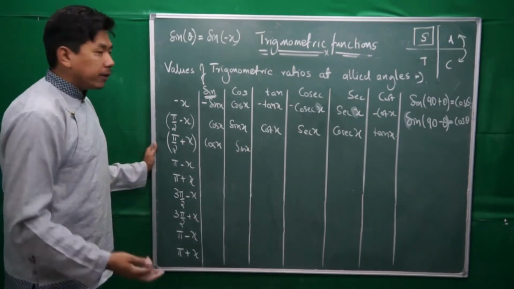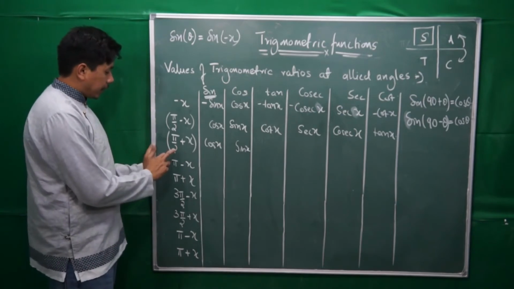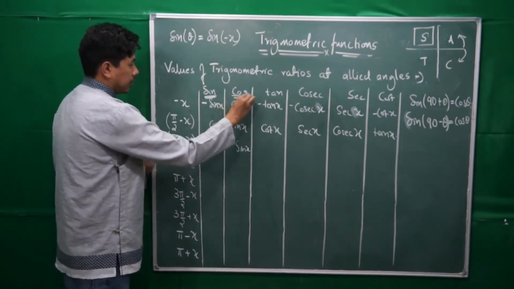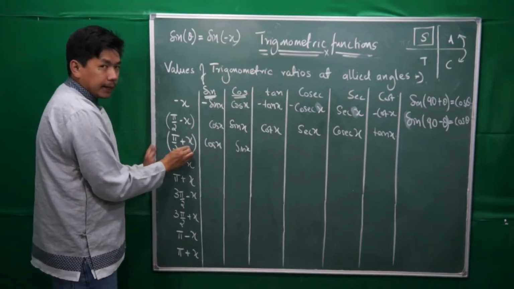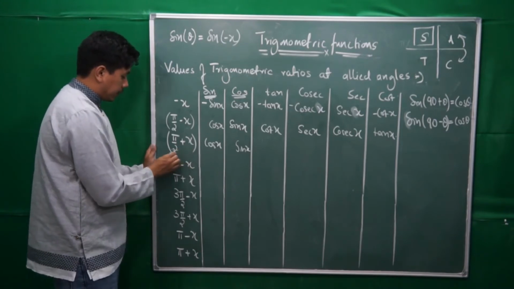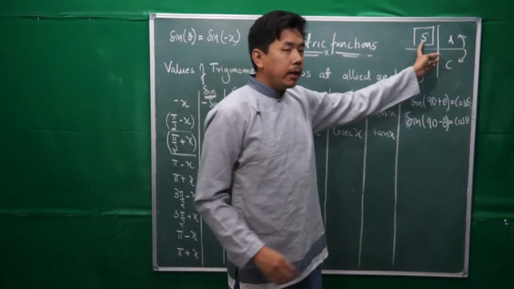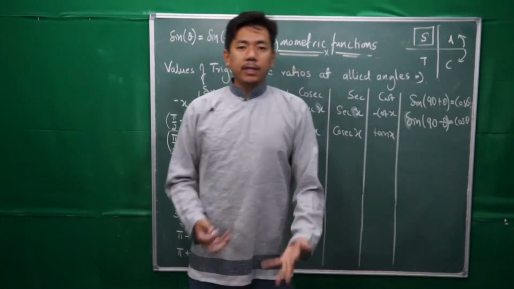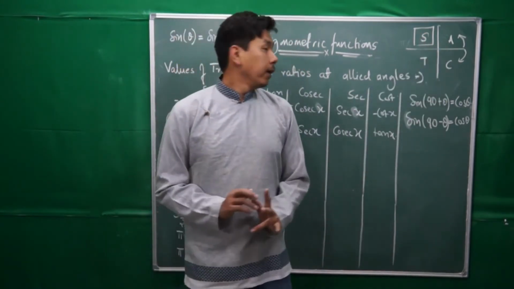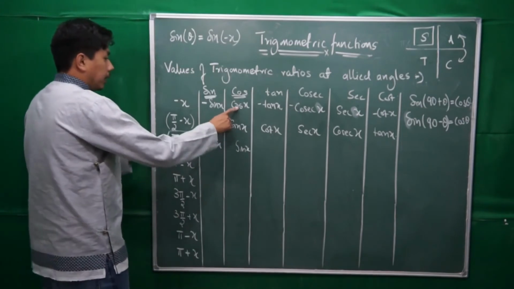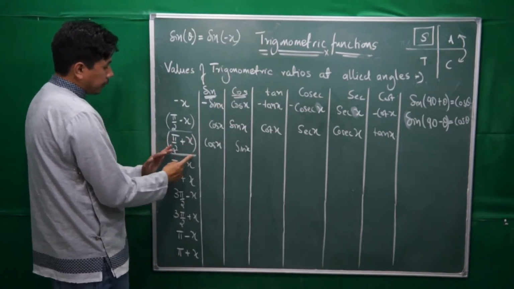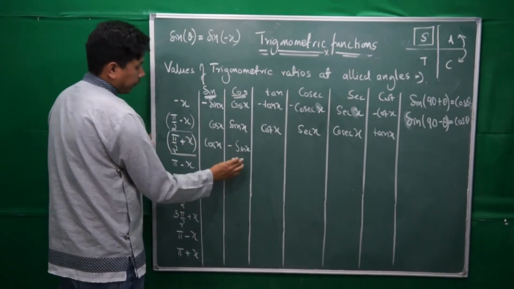But is it positive? It is not positive. It is negative, because for cos, when the angle is greater than 90 degree but less than 180 degree, this falls in the second quadrant. And in second quadrant, we have sine and cosec positive and cos to be negative. So cos of 90 plus x is negative of sine x.